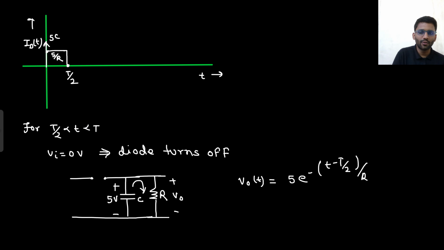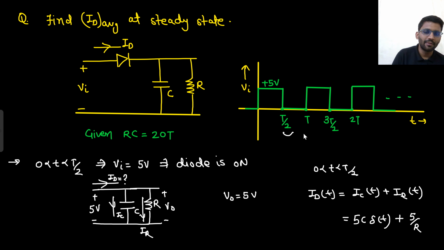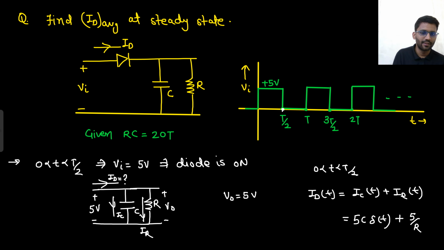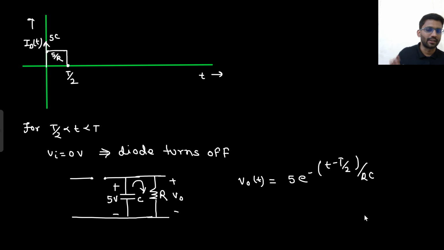Basically you have the window of T by 2 time. So you are starting from t minus T by 2 because this is starting from this point. That's why you have written t minus T by 2 over RC. Well and good. Now it is getting discharged like this.